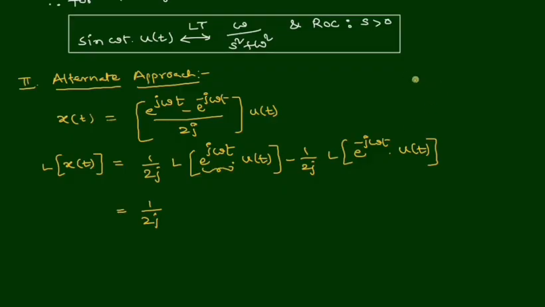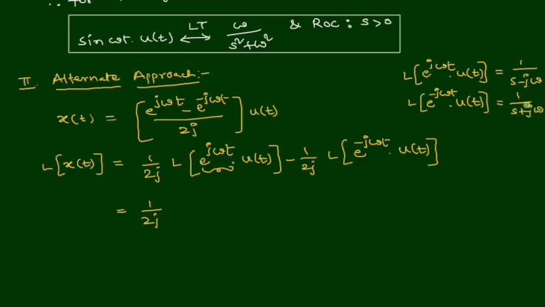So Laplace transform of e power j omega t multiplied with u of t will be 1 by s minus j omega. Similarly, Laplace transform of e power minus j omega t multiplied with u of t is 1 by s plus j omega.